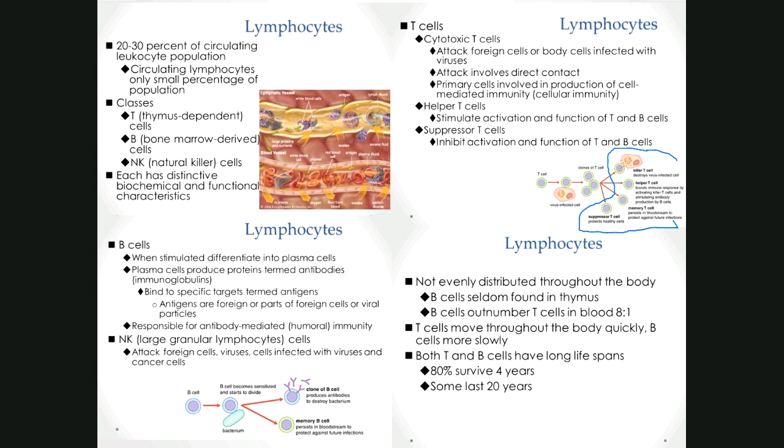Now go find it, tag it, and kill it. All right? So the T helper cell is the cell that bridges what's happening in the nonspecific defenses and bridges over to cells that have yet to be sensitized.